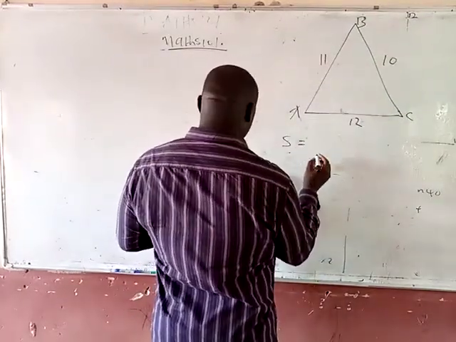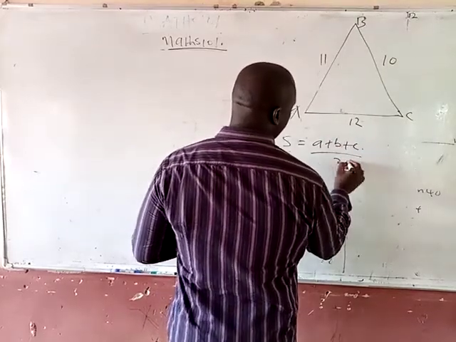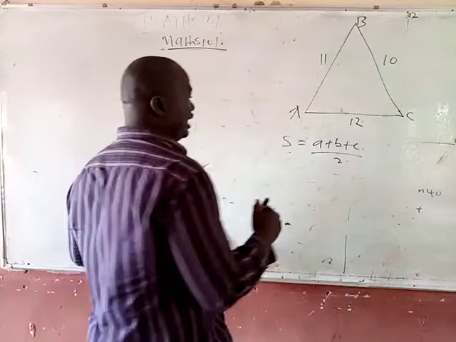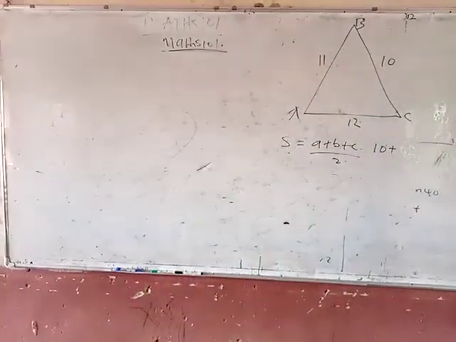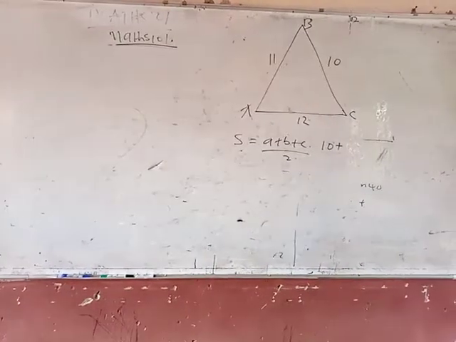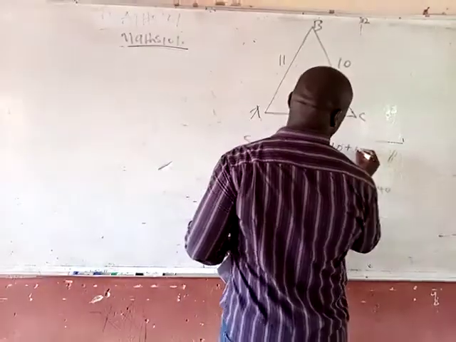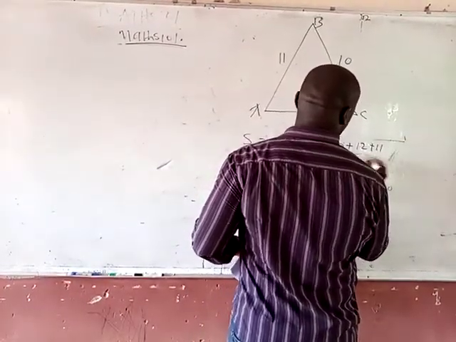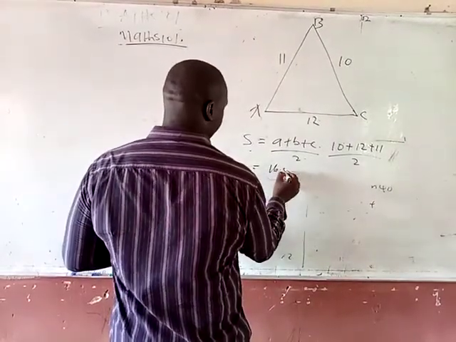The semi-perimeter s is a plus b plus c over 2. So this is 10 plus 11 plus 12, divided by 2. So your s should be 16.5.